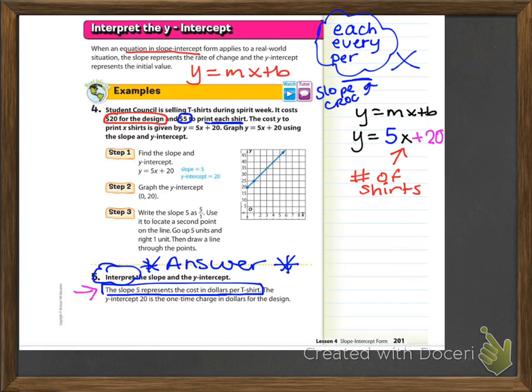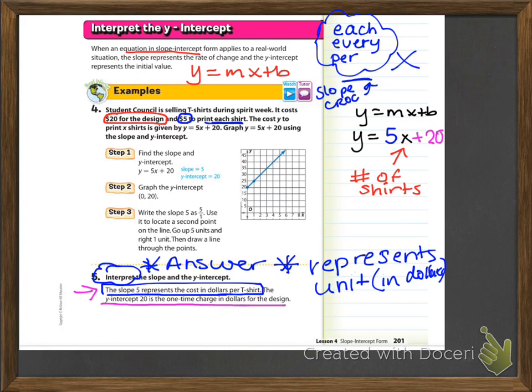When you're talking about the interpretation, you need to write what it represents and you need to write the unit. And what I mean by the units is in dollars. I know this is going to come off the page, but that's okay. And then when they talk about the y-intercept, it says the y-intercept 20 is the one-time charge in dollars for the design. So again, what does it represent and what are the units? It's really important that you know how to do that.